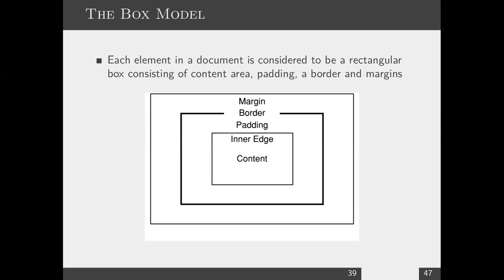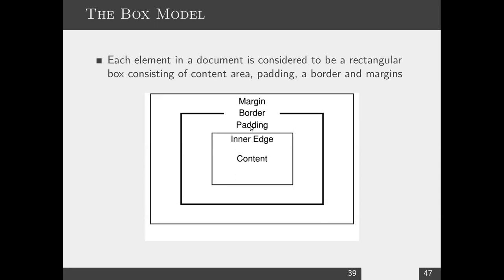You could have margins, the space between that element and other elements, like a paragraph with another paragraph, a drop down or an input box. All the elements that we've seen in HTML are considered rectangular areas, let it be a span or a div, all are rectangular boxes.